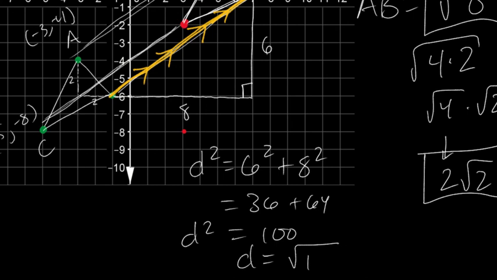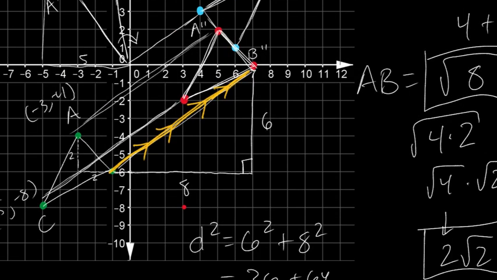D is the principal root of not 110, of 100, which equals 10. So that distance is 10. So every single one of these lines, right, it doesn't matter which one it is, they're all 10 units long. This one's 10 units long. This one's 10 units long. They're all 10 units long because they're all over 8 and up 6.